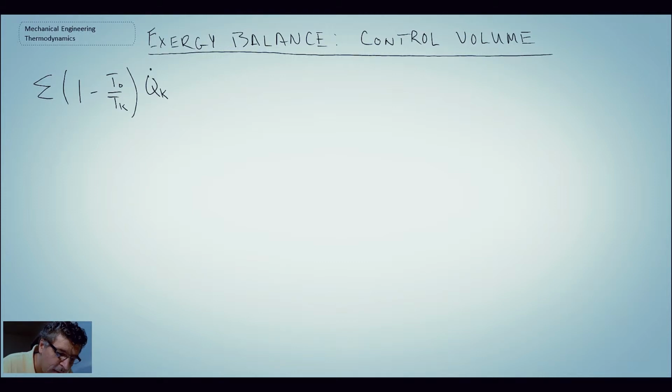Now, this first term was the same as what we had for the fixed mass system. However, now we have it in rate form, as you'll notice with everything having the over dot.